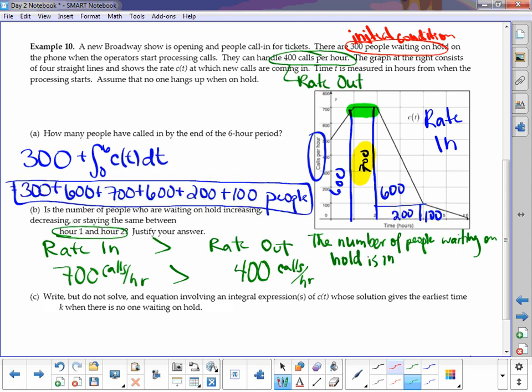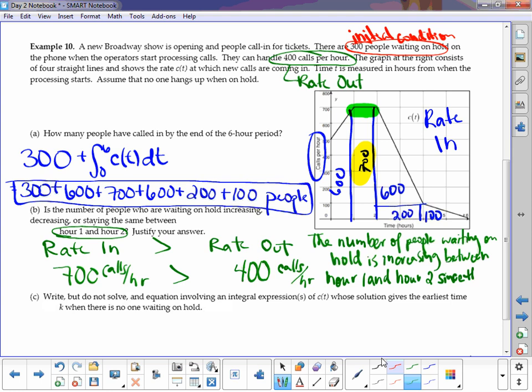is increasing. And increasing when? They asked us specifically between hour 1 and 2. Increasing between hour 1 and hour 2.